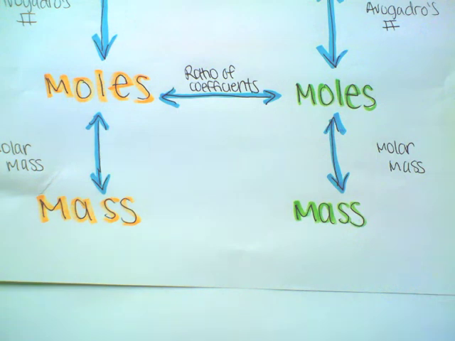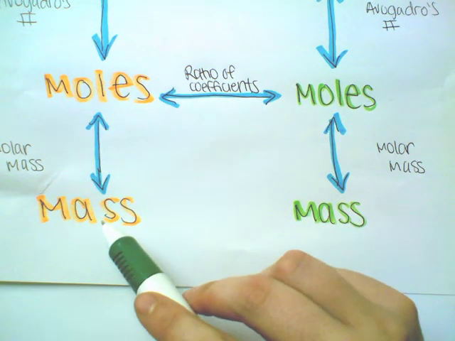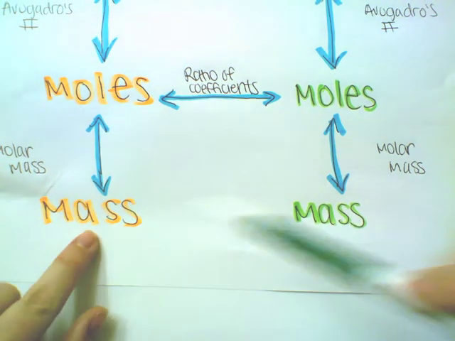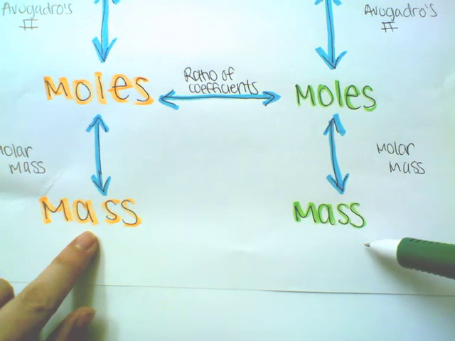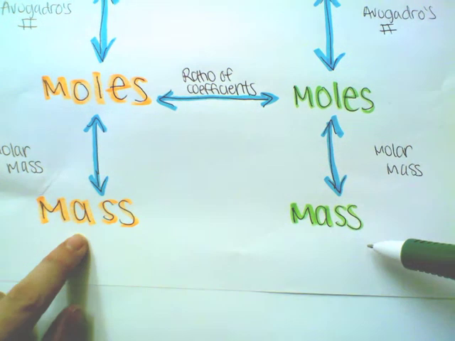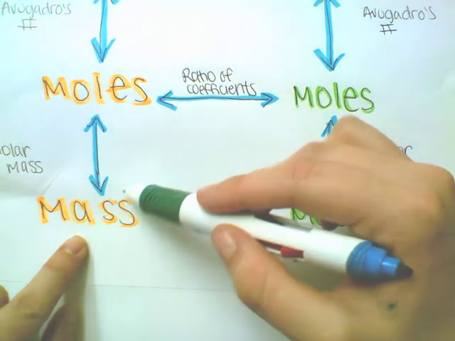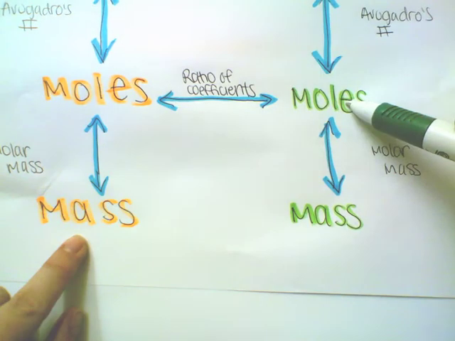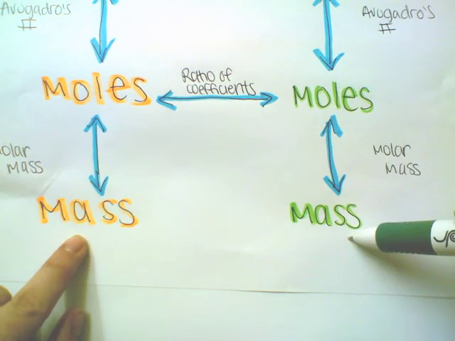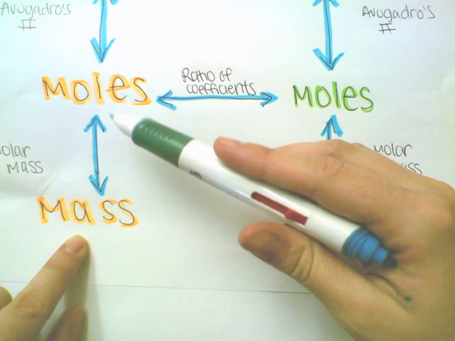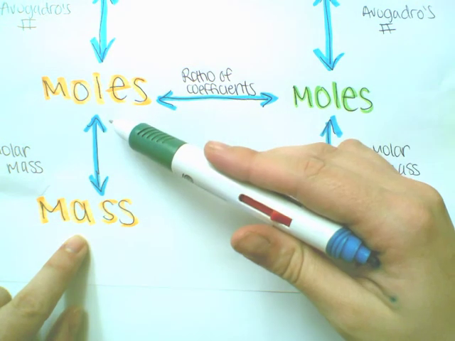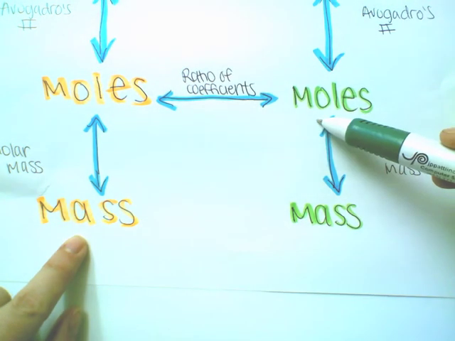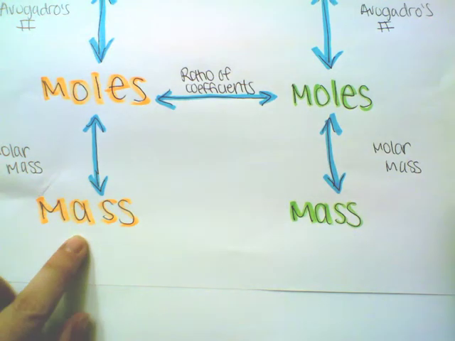Given the mass of one substance, I'm asked to find the mass of a different substance. Notice, there's going to be 3 steps. To get from here to here, I must go mass to moles, moles to moles, moles to mass. So I'm going to use molar mass, then ratio of coefficients, and then molar mass again.